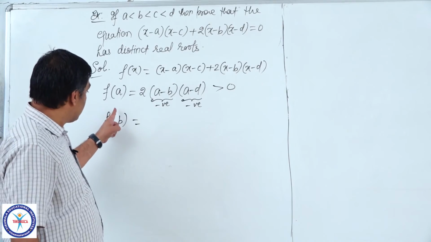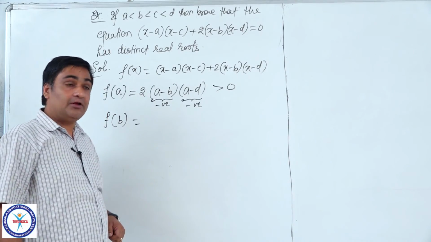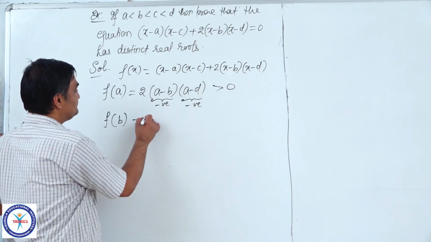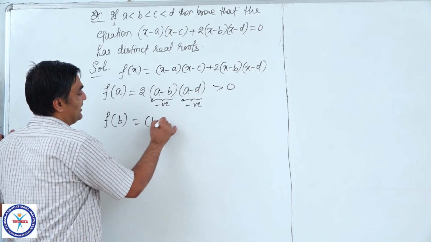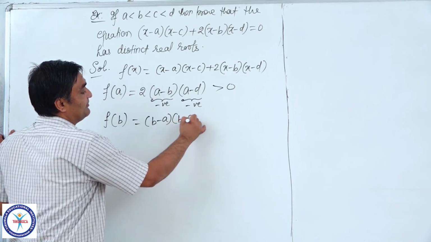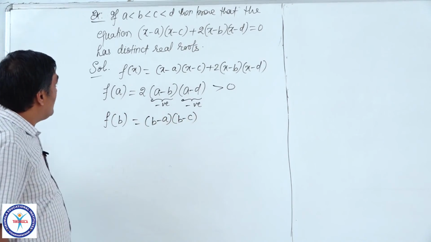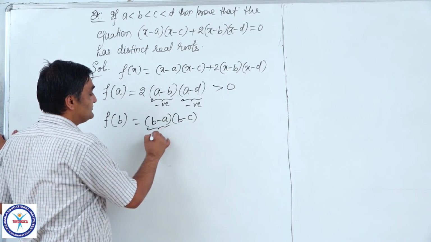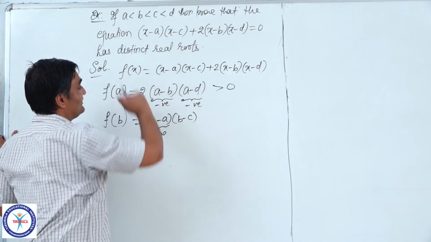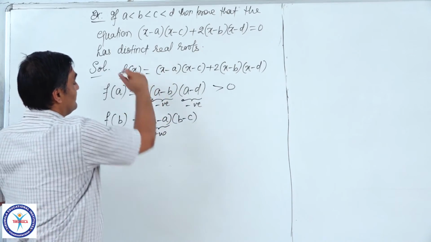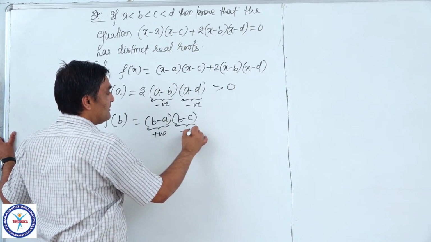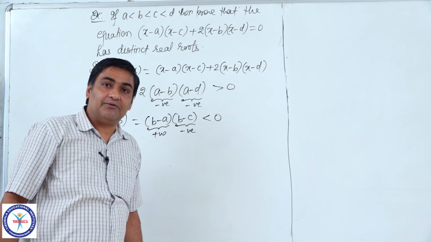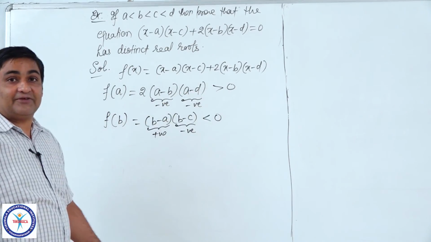If we calculate f of b, then this will be 0 plus (b minus a)(b minus c). What is b minus a? Positive. And what is b minus c? Negative. So, f of a is positive, f of b is negative.